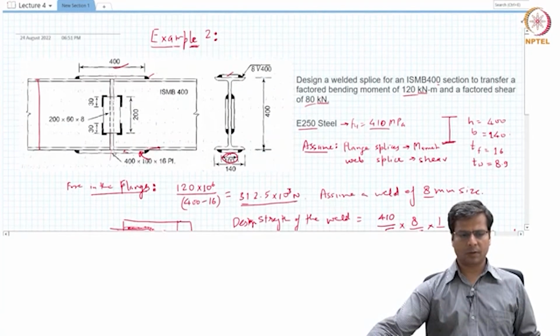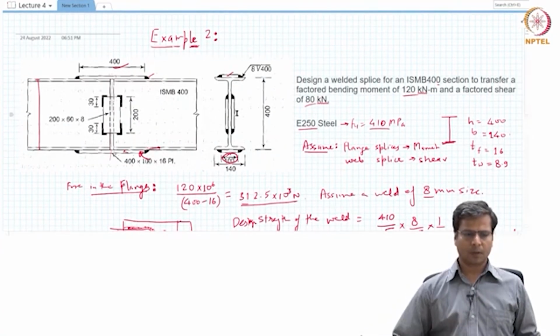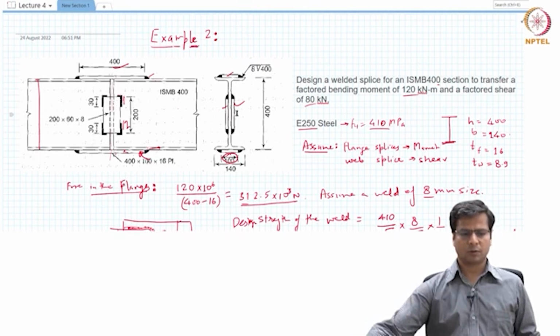Now, if we look at this diagram again, you might notice that there is one splice provided on each side of this web. Which basically means that there are basically 4 welds to resist that load. 1, 2, and then there are 2 on the other side of this web.